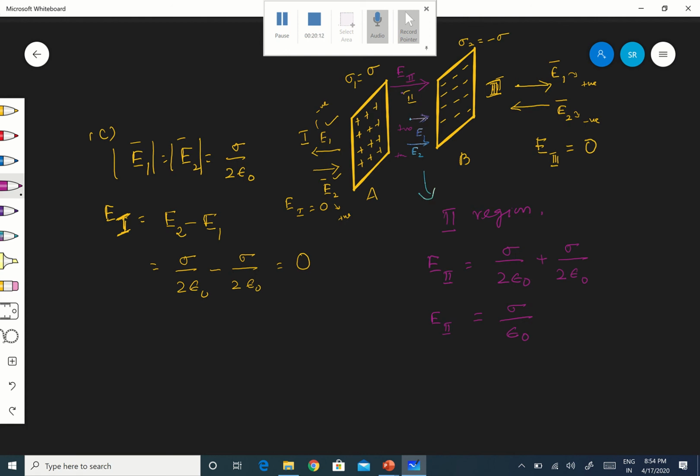It will also be uniform throughout the region. Electric field in the space between two plates A and B is uniform, and the value is sigma by epsilon naught, uniform field. Uniform which field? Electric field.